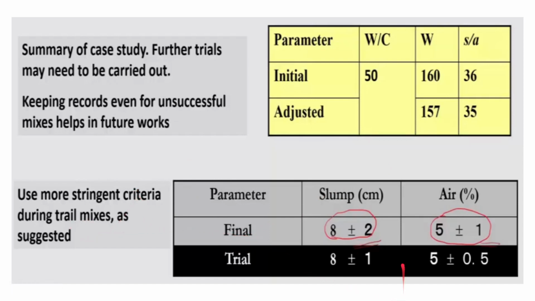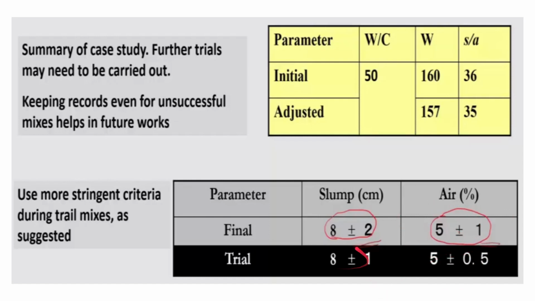Say, for example, if we consider the criteria to be 8 plus minus 1, and we can minimize the error to 1%, then in the site condition the variation can increase to 2. Similarly, if we can confine the error to 0.5, the variation can increase to 1.